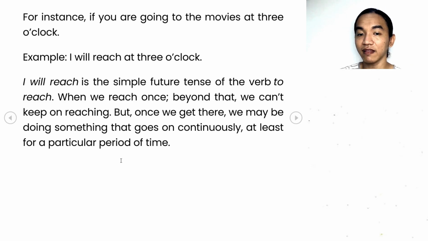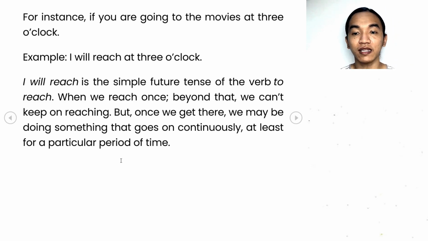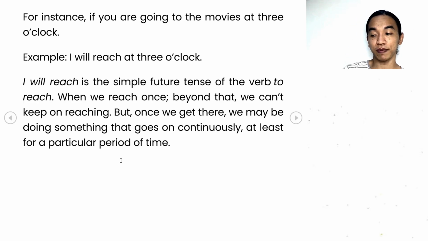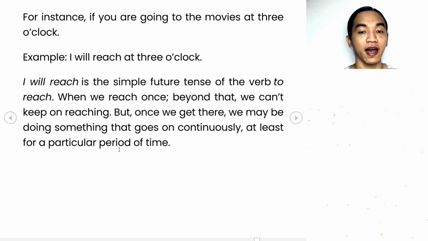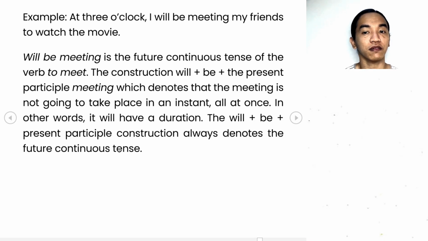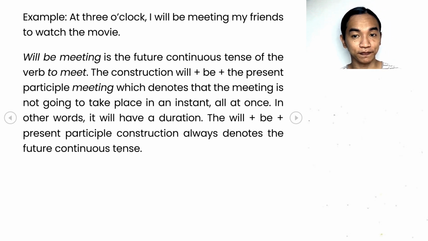But once we get there, we may be doing something that goes on continuously, at least for a particular period of future time. Okay, now at 3 o'clock, I will be meeting my friends to watch the movie. Will be meeting is the future continuous tense of the verb to meet.